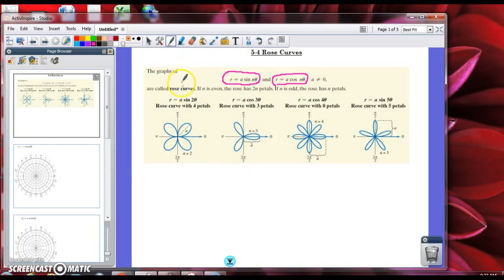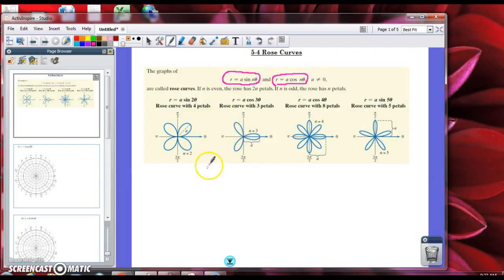The next important piece of information is which trig function you're using. So I want you to notice something, and this will kind of help you as you're graphing it. When you have sine, you can go through and do this on each example, but you don't need to.